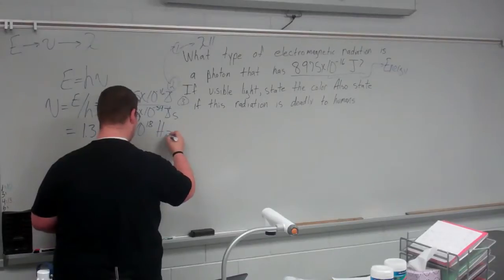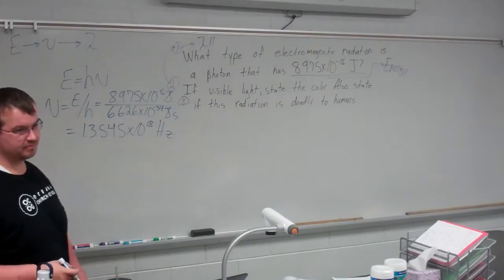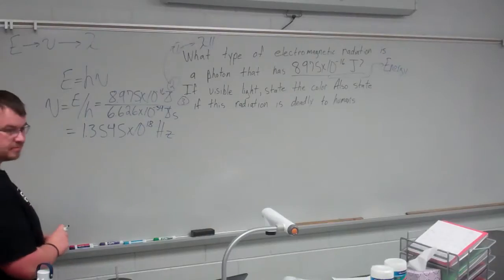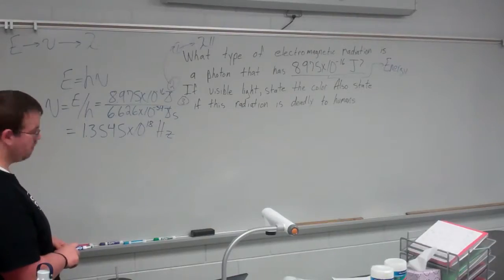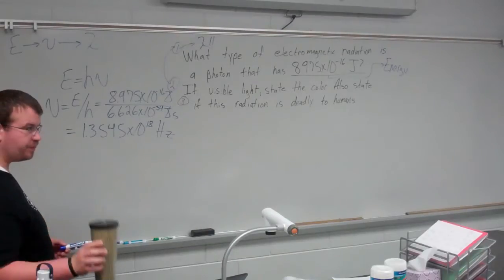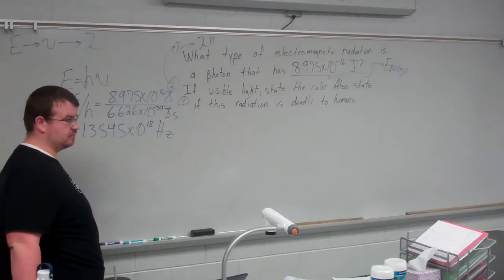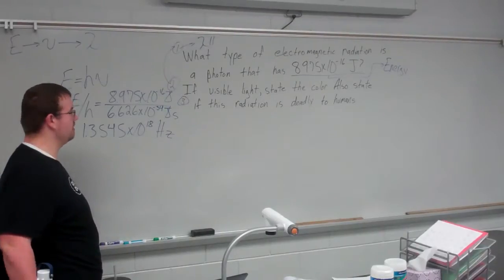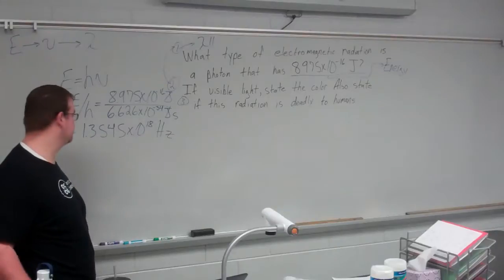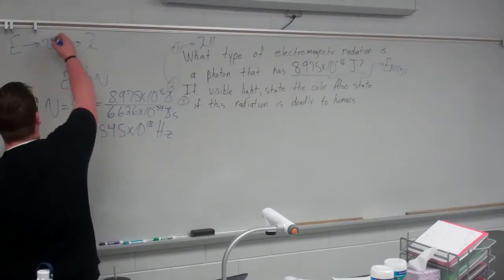Test or quiz: does it matter which one of the three we use? Nope, doesn't matter at all. Does it matter if we change it, like we start with inverse seconds and then just use hertz? That's fine because of the identity, since they're equal. All right, so in this case we now have frequency.